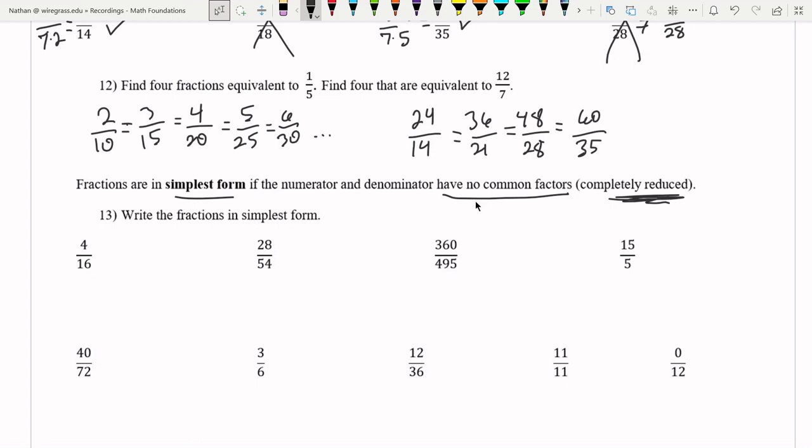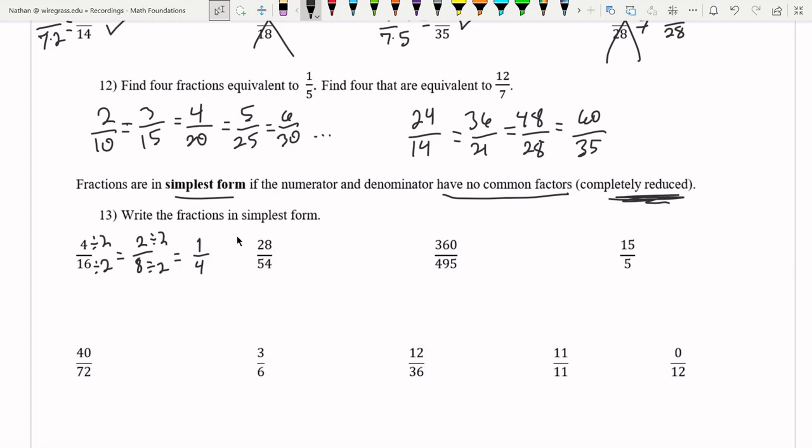So for the simplest form of this one, there's a couple ways you can do this. You can just keep dividing out common factors, or we can look at the prime factorization of the numbers. So here I can divide top and bottom by 2. So I'm going to take that factor out. And again, I can divide top and bottom by 2. And here, 1 is always kind of an easy place to stop, because you know that 1 can only be divided evenly by 1.